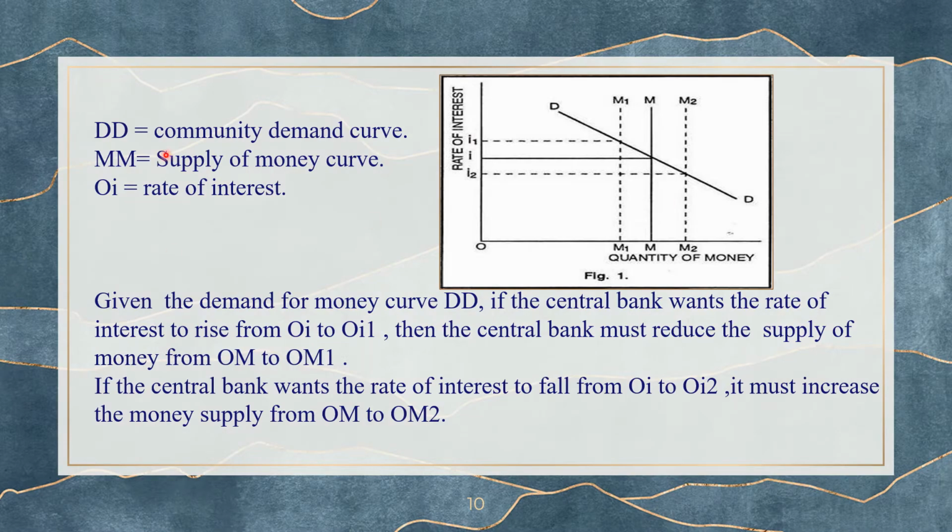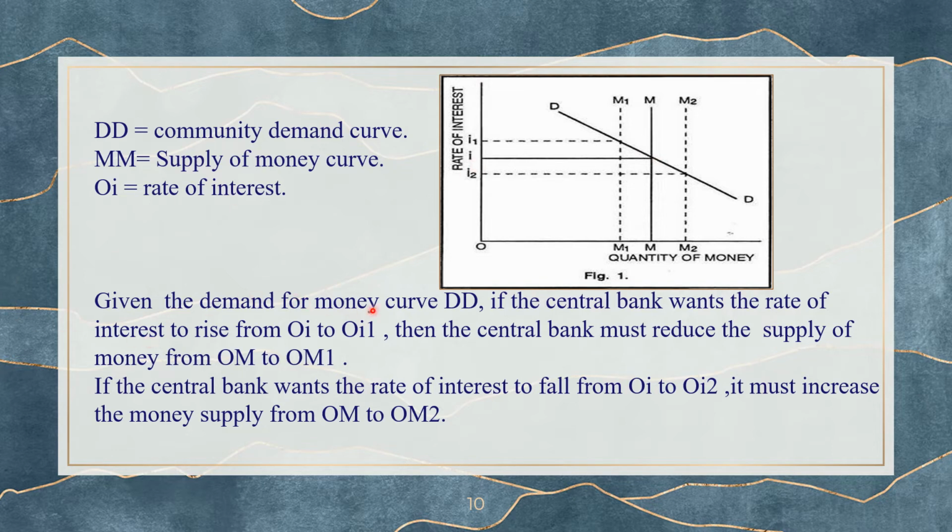Further, we see it from this curve. This figure very well illustrates that the central bank can influence only one of these two determinants. See, this DD is the commodity demand curve, MM is the supply of money curve, and OI is the rate of interest. When this quantity of money and this demand curve meet, this decides the rate of interest, OI is the final.